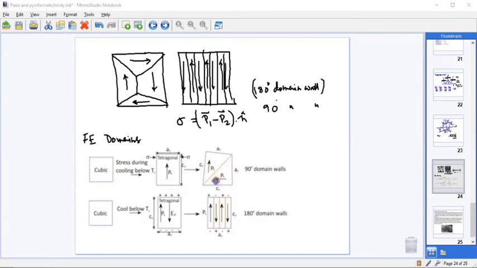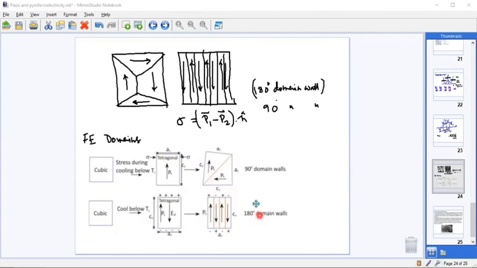So this is the schematic presentation of 180 degree and 90 degree domain walls in a tetragonal perovskite crystal such as PbTiO3. Formation of the domains may also be the result of the mechanical constraints associated with the stresses created by the ferroelectric phase transition, that is, from the cubic paraelectric phase to the tetragonal ferroelectric phase in lead titanate.